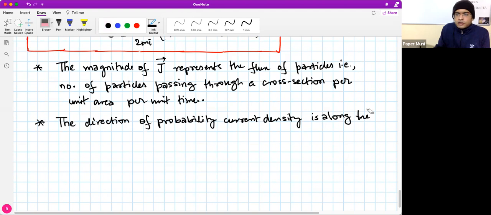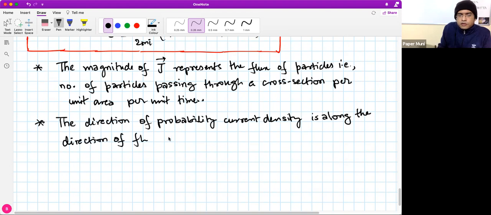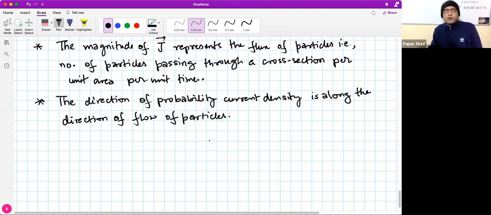So the direction of J is along the direction of flow of particles.